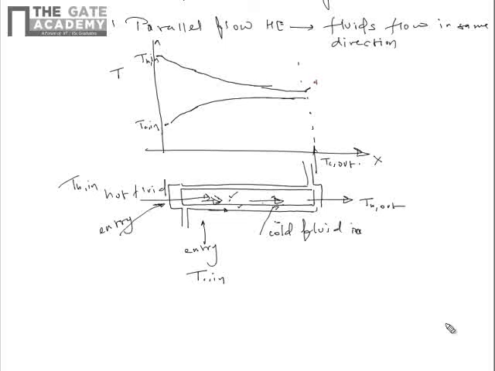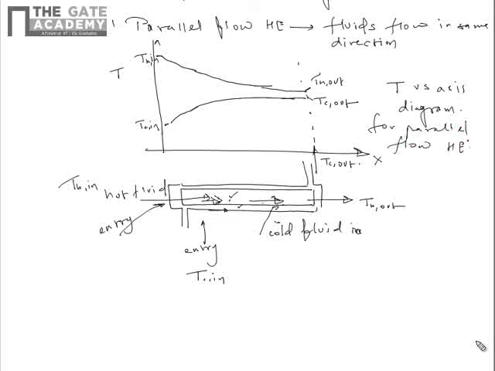So, this will be Th out and this will be Tc out. So, this is the temperature versus axis diagram for parallel flow heat exchanger.